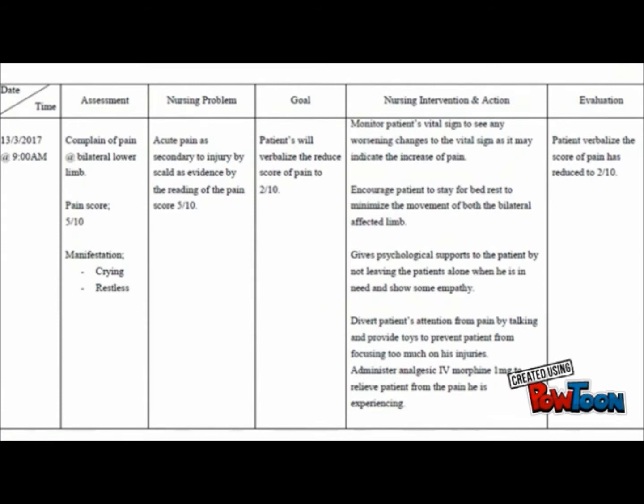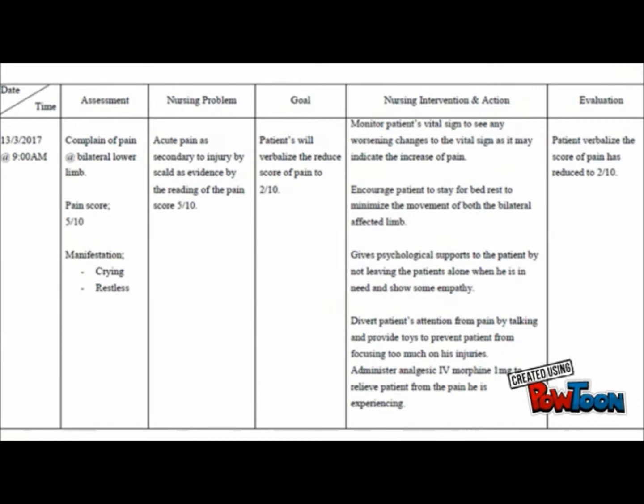The nursing intervention for this patient is to monitor the patient's vital signs to see any worsening changes, as it may indicate increase of pain. Encourage the patient to stay on bed rest to minimize movement of both affected limbs. Give psychological support by not leaving the patient alone when he is in need, and show some empathy.